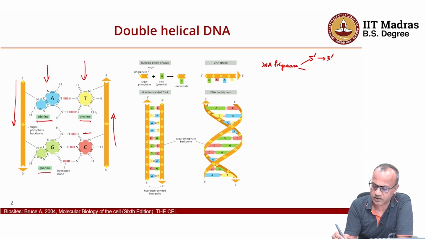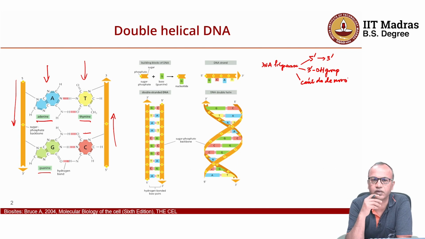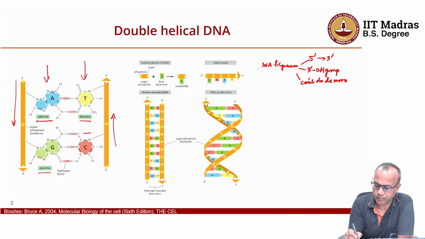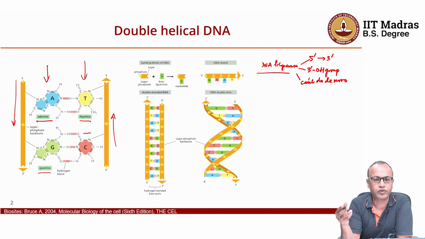It always requires a 3 prime hydroxyl group to initiate. Therefore, it can't do de novo synthesis. So these are the primary properties of DNA polymerase, which will come into utility in the next few slides.